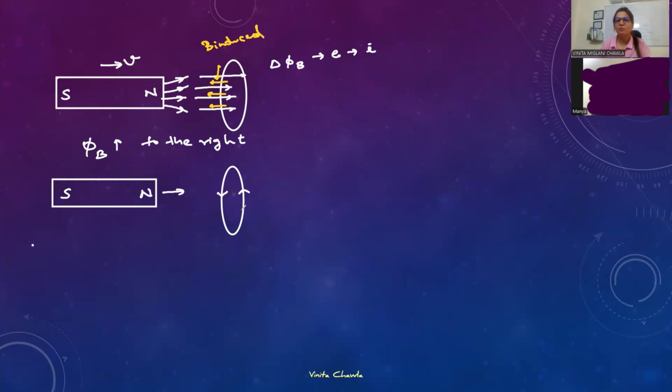Because we know that if the current flows anti-clockwise, then this side of the coil becomes north and the other side becomes south, as a current carrying coil produces a magnetic field. So the north of the coil would repel the north of the magnet, because it is approaching it. Basically, the current so induced is opposing the cause.